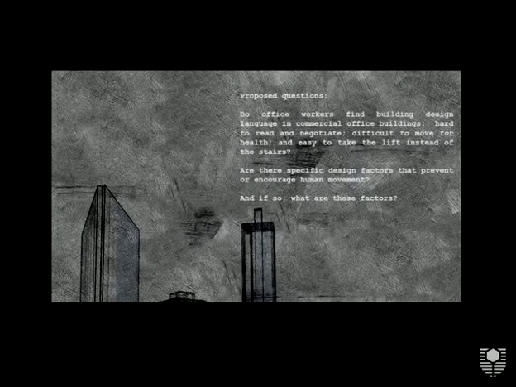How does that sort of pan out over a 40-year period of working and sitting at that desk or going to that same spot? So some of the questions that I looked at, the proposed questions, was do office workers find building design language in commercial office buildings hard to read and negotiate, difficult to move for health and easy to take the lift over the stair? Are there specific design factors that prevent and encourage human movement? And if so, what are these factors?